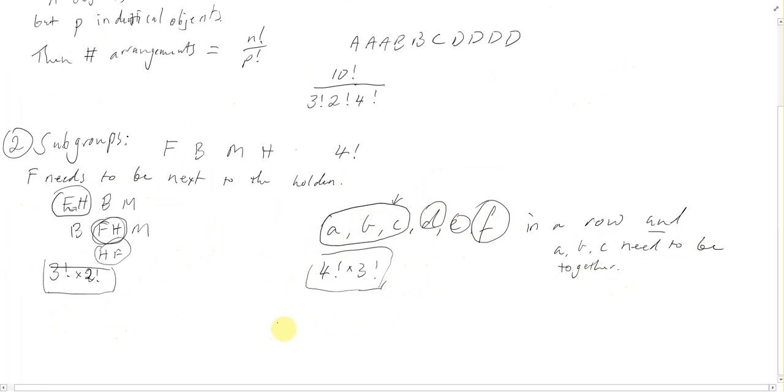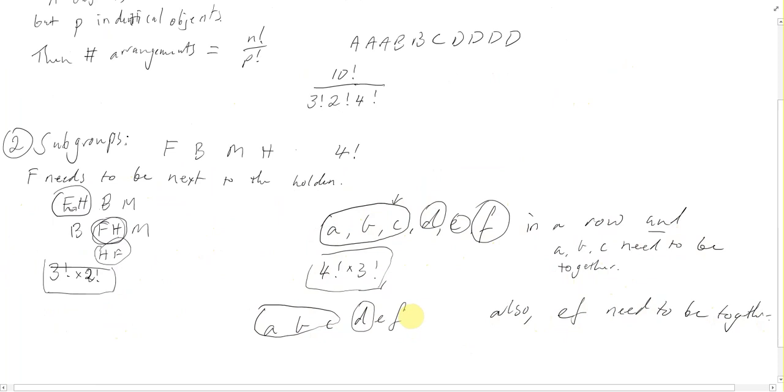Okay, let's change the scenario a little bit. Let's say we've got the same letters, A, B, C, D, E, F. This time, A, B, C still have to be together, but also E, F need to be together. So now we've got A, B, C, that's like a group.